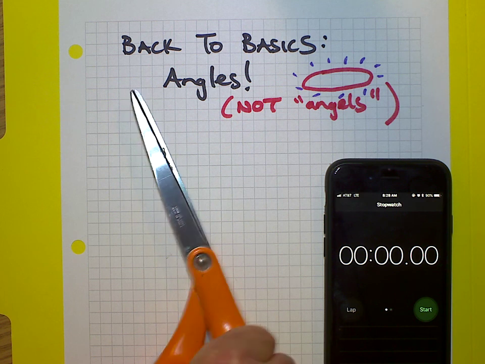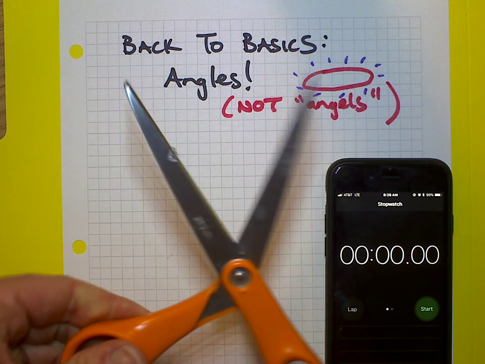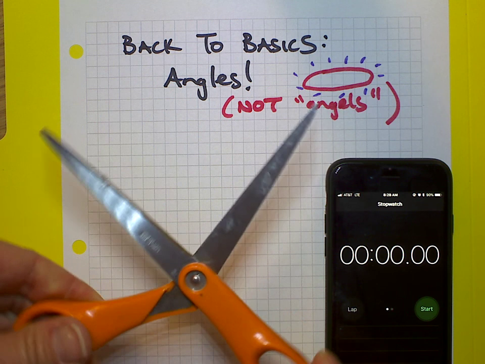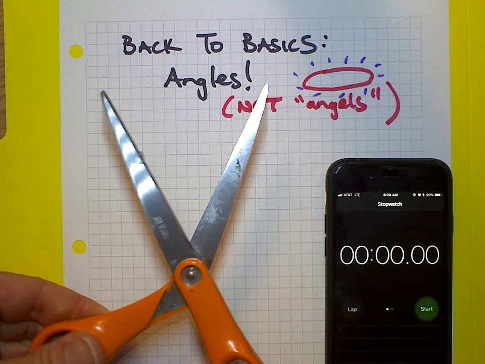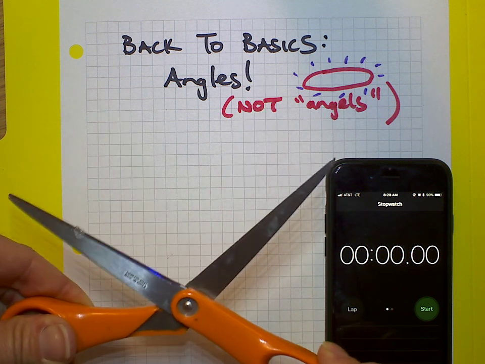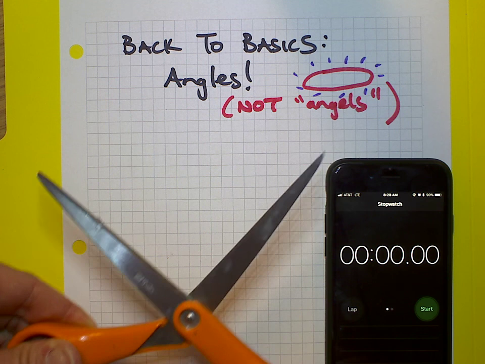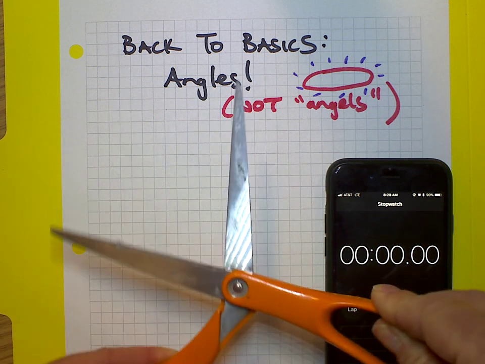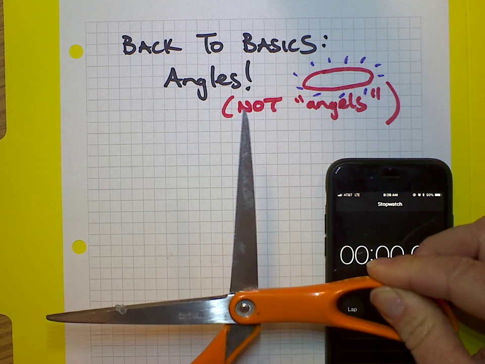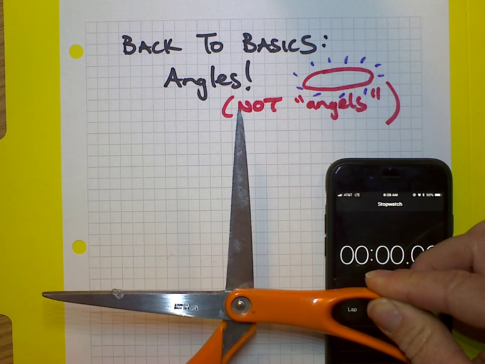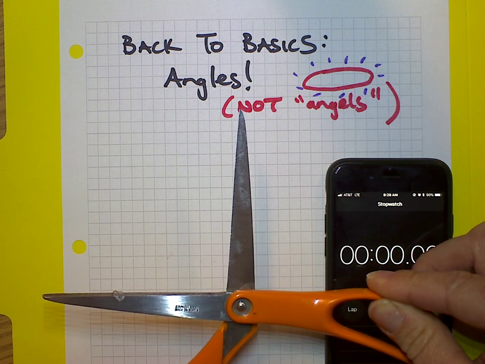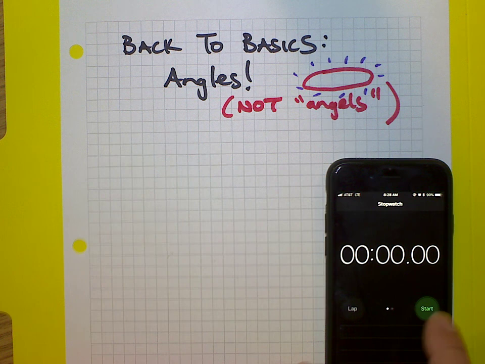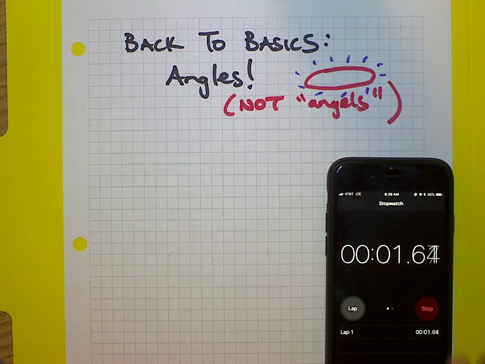Okay, and then also I might use the scissors to demonstrate different types of angles. What's that kind? What's this one? Right, nice job. What about that one? Ooh, you got it. Nice job. Okay, here we go. For real. We just started.